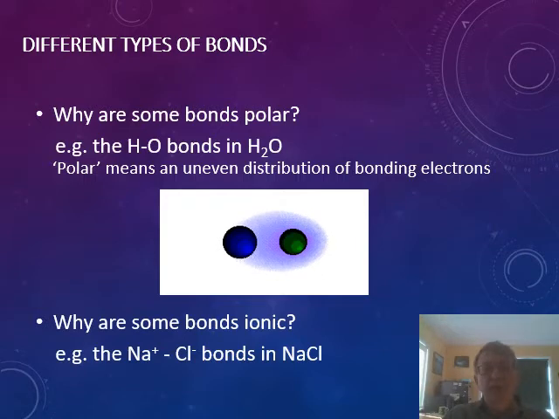You can imagine two atoms here, and the electrons involved with the bond are slightly closer to one than the other. The one that is losing would have a slightly positive charge on that side of the bond, and the one that's winning will have the slightly negative charge.